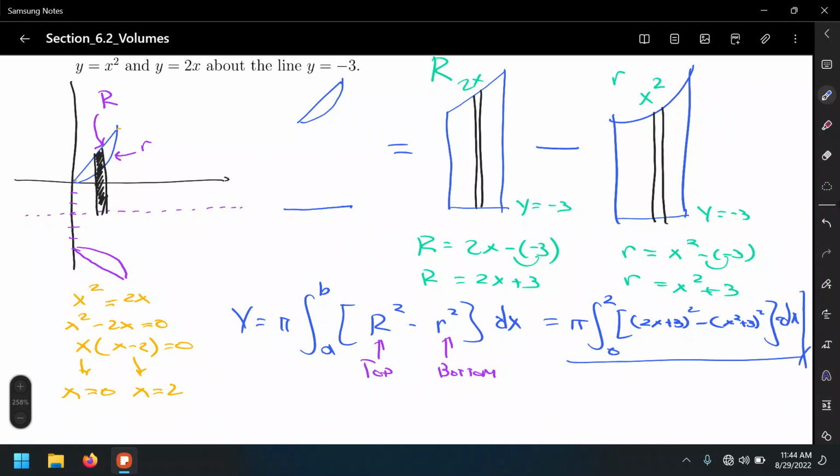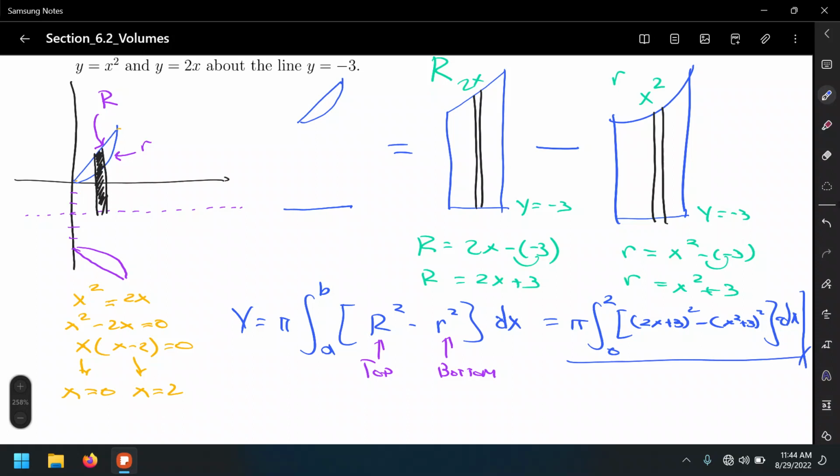And well, check this integral. It's not that hard to evaluate, but it will be very, very time consuming. Let's briefly look at it. We would have to expand those two binomials. That's going to give 3 terms and 3 terms, and then combine like terms, when there's not going to be that many, and then integrate 3 or 4 terms, I think 4 terms in this case, and then do f of b minus f of a.